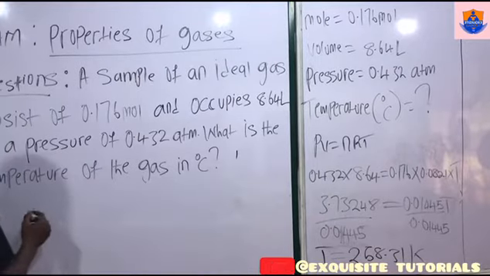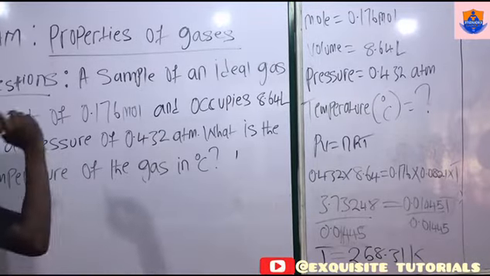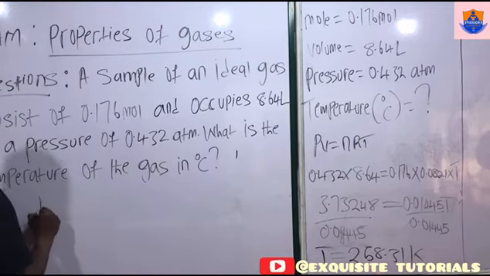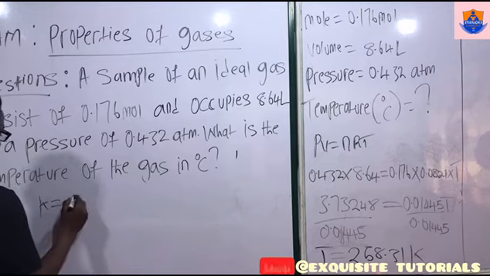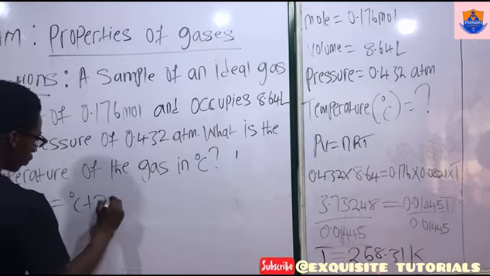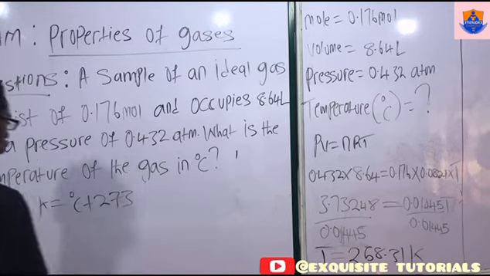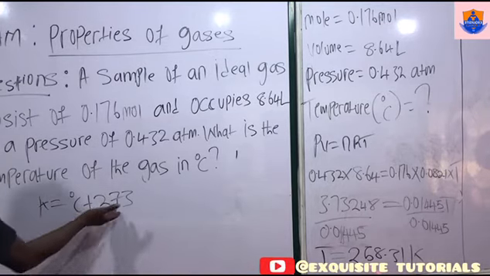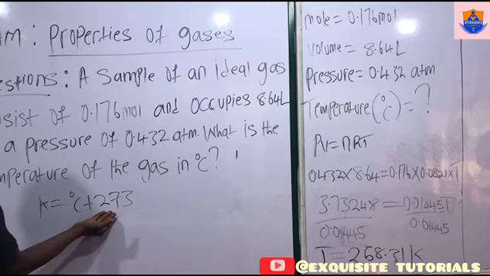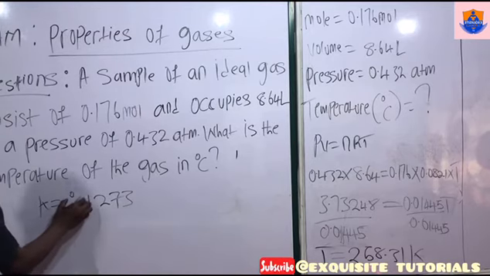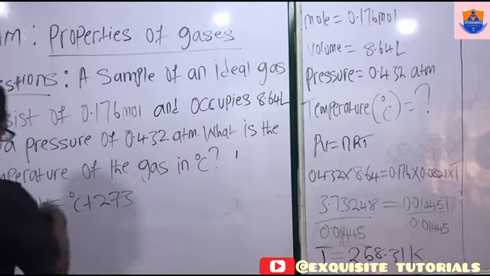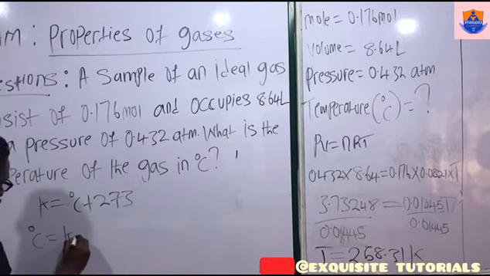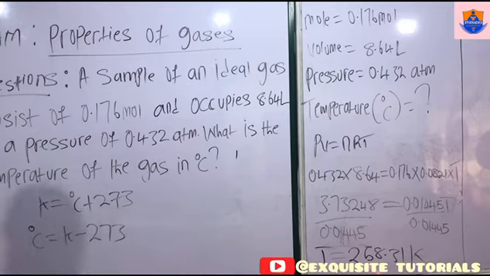Remember, I told you in our last class that to convert Celsius to Kelvin, you have to add 273 to it. Now, we're converting from Kelvin to Celsius, so we have to collect like terms to make degrees Celsius the subject. So degrees Celsius will be equal to the Kelvin temperature minus 273. What is our value of Kelvin here?